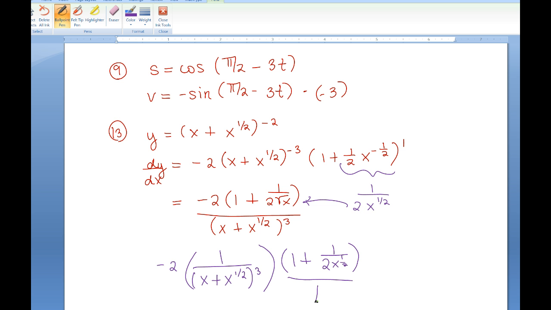Okay, because that's all in the numerator, that's why.